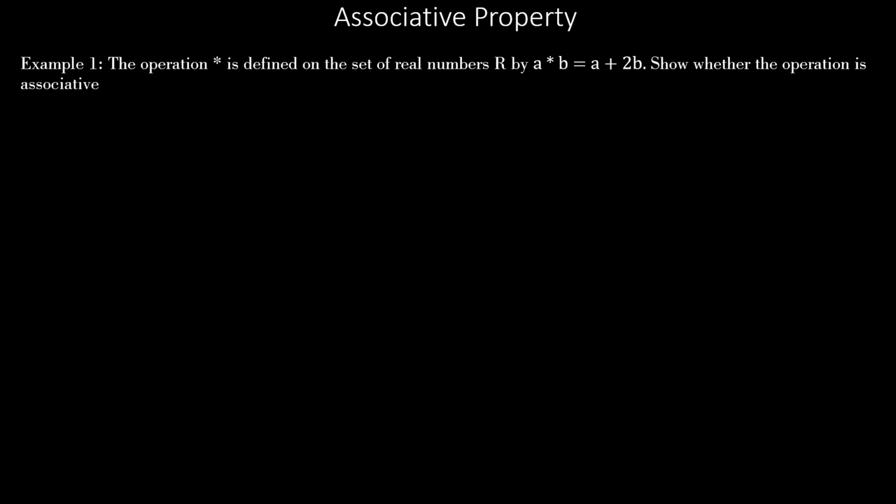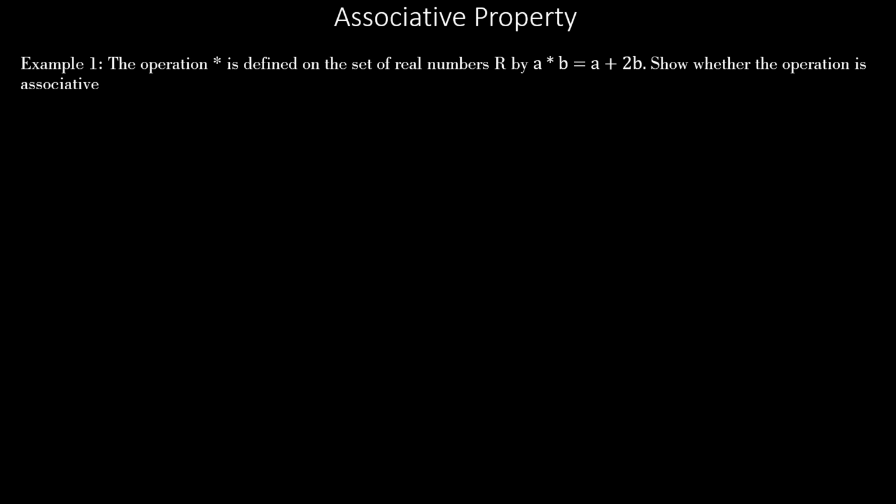We have an example here. The operation asterisk is defined in the set of real numbers R by A * B equal to A + 2B. Show whether the operation is associative. So here you have to input a third element C so as to check for the condition.